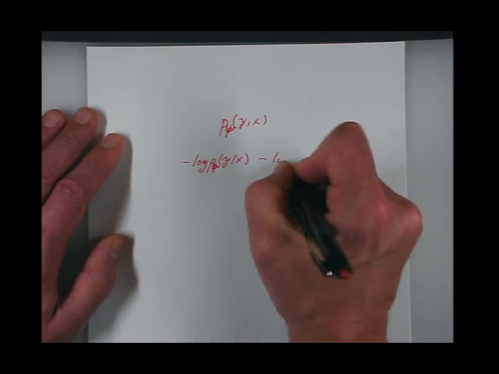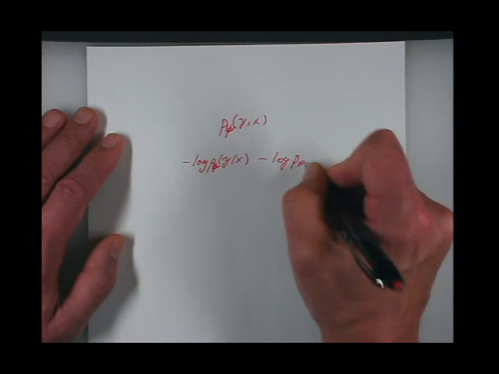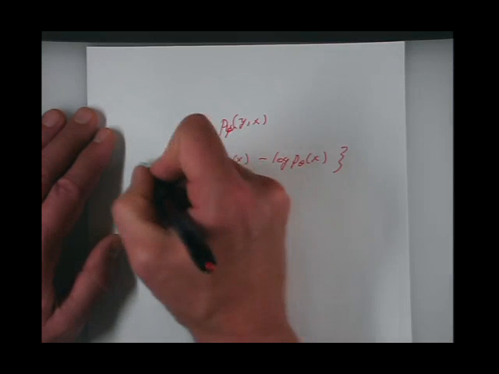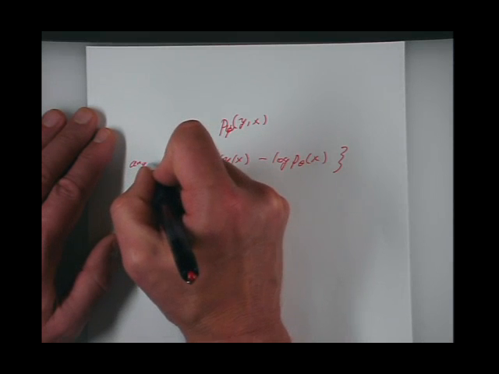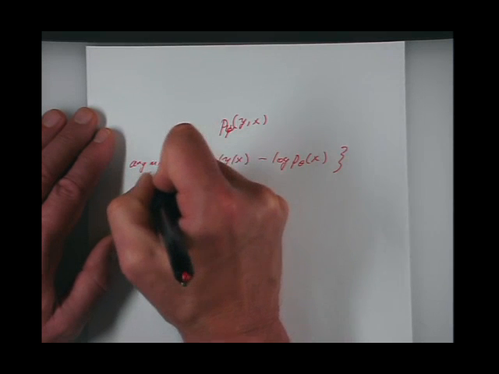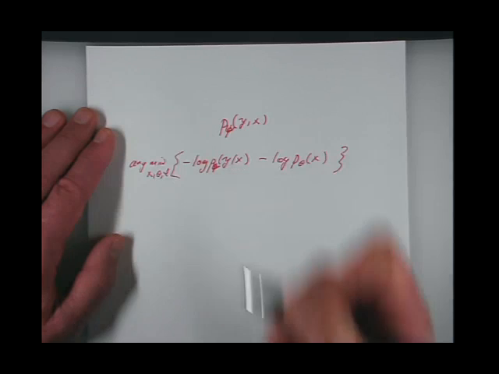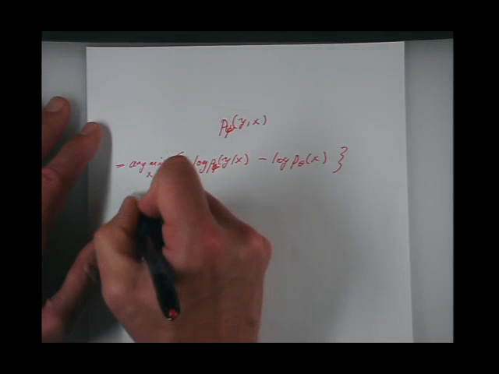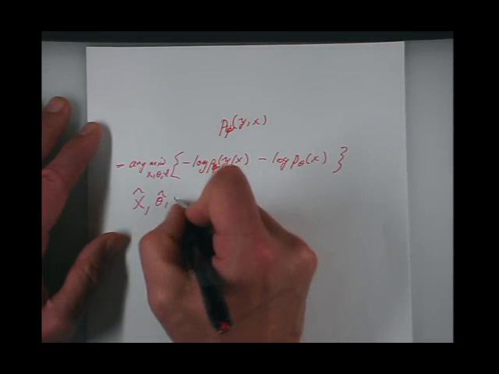And minus the log of p of theta of x. Then you do the arg min over x and theta and phi, and that produces an estimate, x hat, theta hat, phi hat.